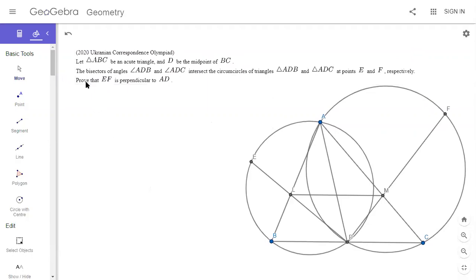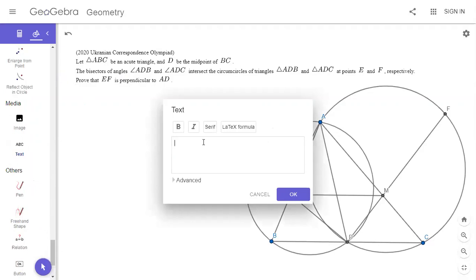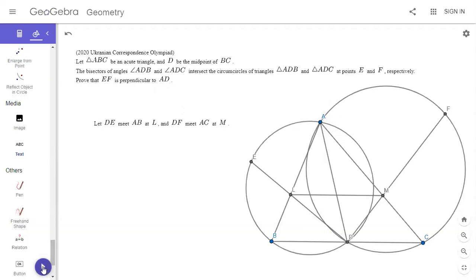So let DE meet AB at L. And then we have AL over LB.